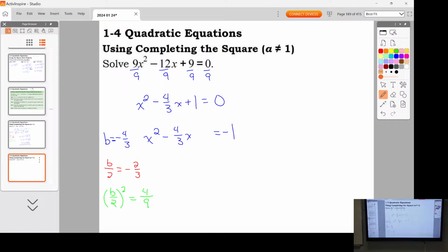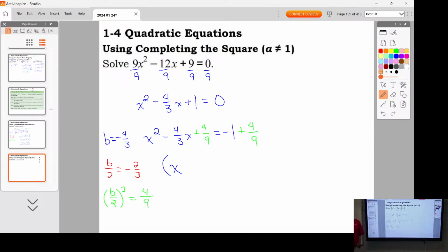Okay? All right. So what do I have to add to both sides to complete the square? I have to add this perfect square, which is 4/9. Yay, we're going to factor something that has fractions in it. How difficult is this? Remember, it's going to factor into whatever the variable is.